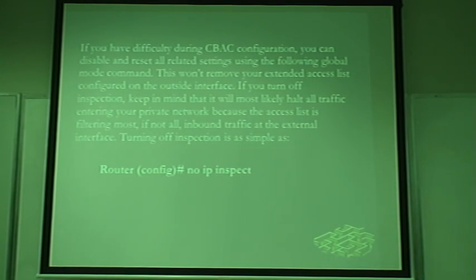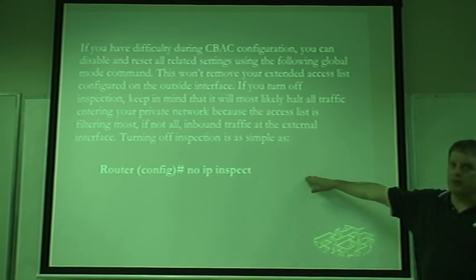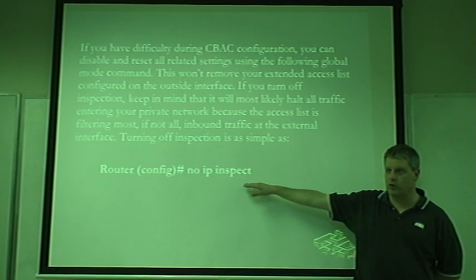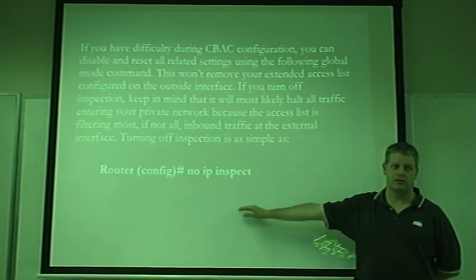So turning off inspection is very simple, but it will break things if you still have it applied to the interface. Okay, so be careful. If you take it out globally, make sure you take it out on the interface as well. Otherwise it will break stuff, and that's bad.